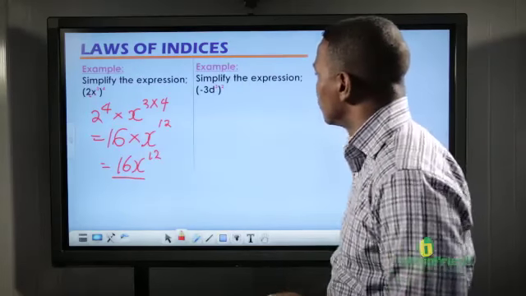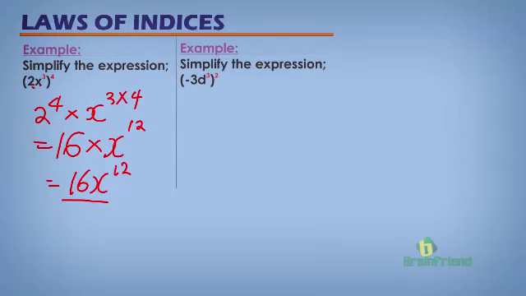Alright, let's quickly solve this. Remember we said for all content within a bracket, whatever operator we have outside of it affects everything. So ensure when you are working out your solutions that every object is picked. So we have minus 3 squared times d raised to power 3 times 2.